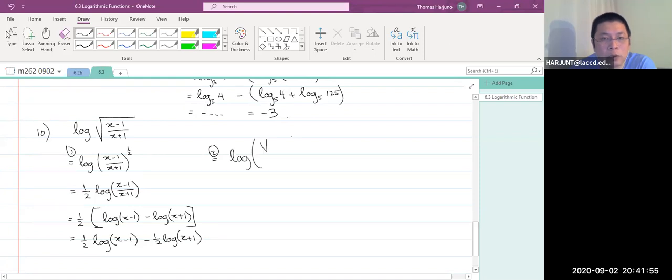So this is the square root of (x minus 1) over the square root of (x plus 1). And then you use property number 2: log of square root of (x minus 1) minus log of square root of (x plus 1). And then the exponent 1/2, you bring it to the front.